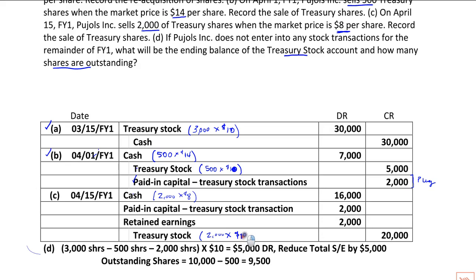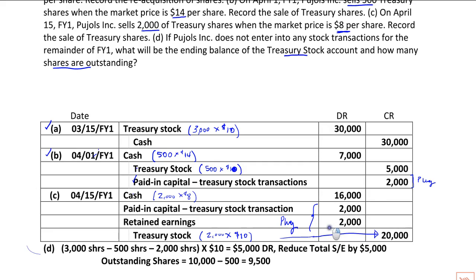What we take out of treasury stock is our cost, right? And that's where the 20,000 comes from. Now, we know we have a total of $4,000. So if we plug this, we have to have a $4,000 debit.